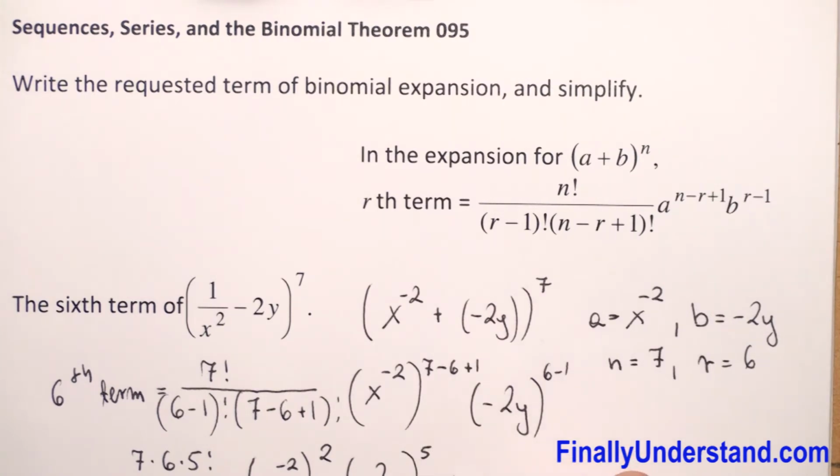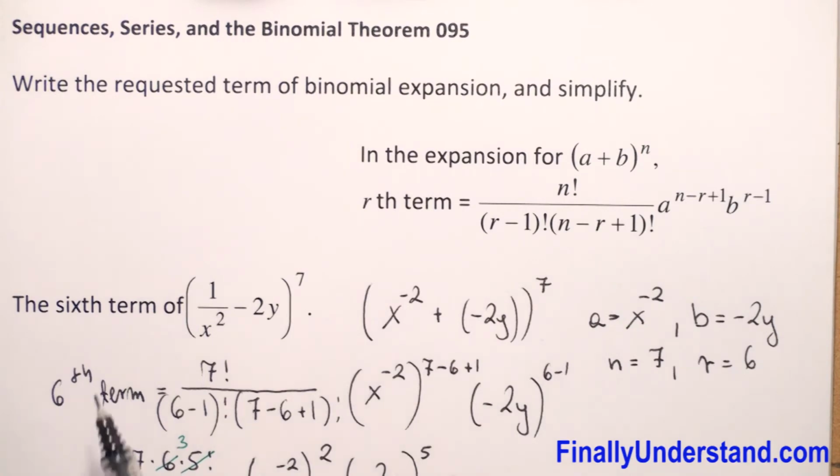We can reduce 5 factorial, and 6 divided by 2 is 3. So 7 times 3 is 21, and we have x to the power negative 2 to 2, and negative 2y to the power fifth. Let's check.